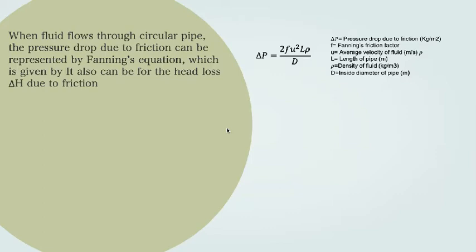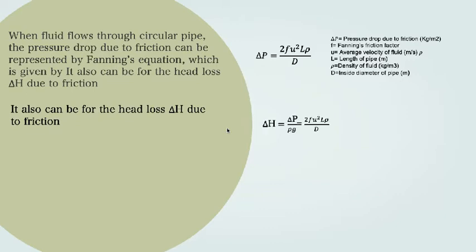So this equation also can be written with head loss as the subject. Head loss is actually the pressure drop. Is there another name for it? So head loss is equal to delta P divided by rho and g, which is the gravitational acceleration, and equal to the previous part of the equation.